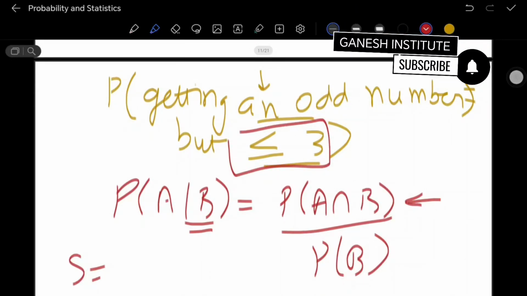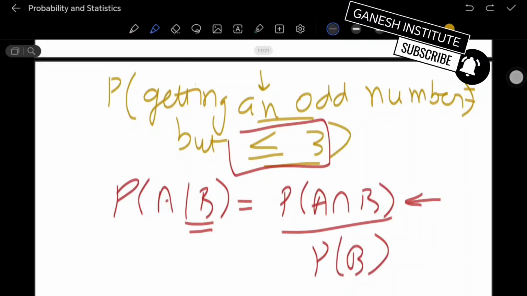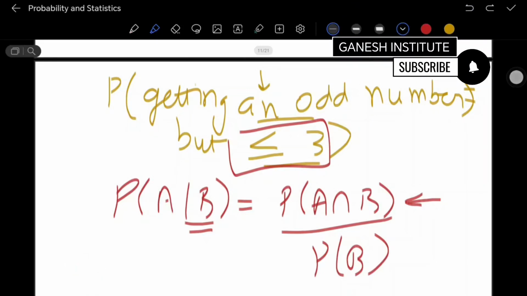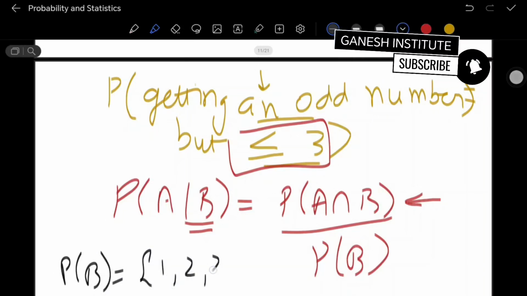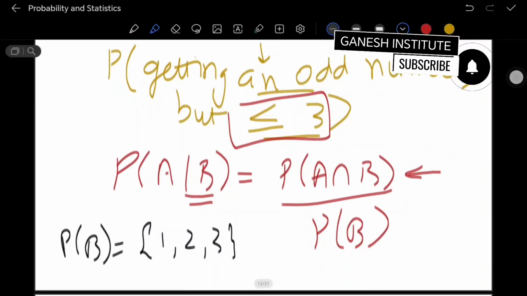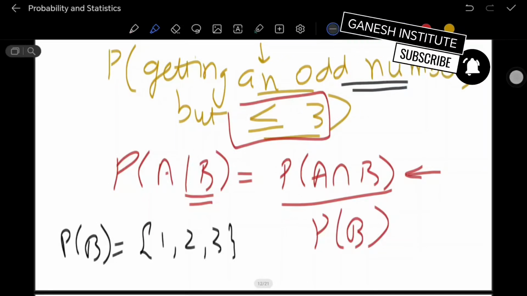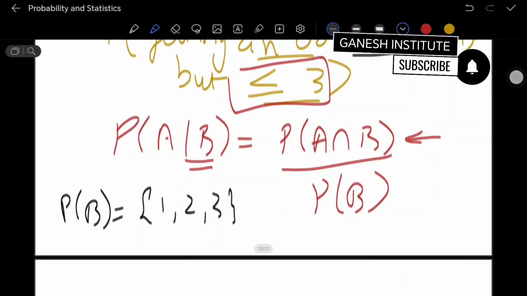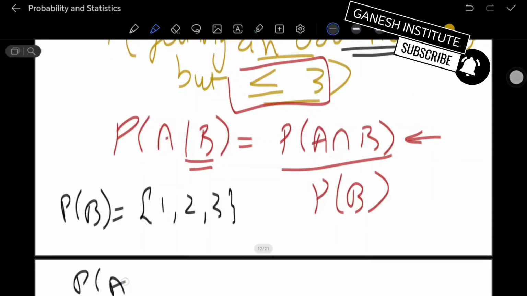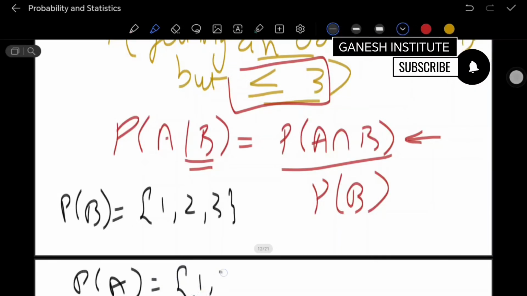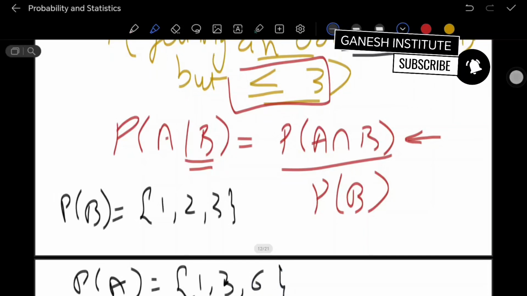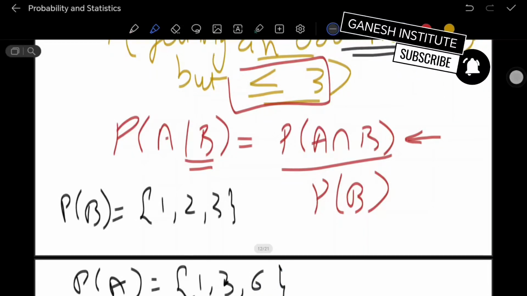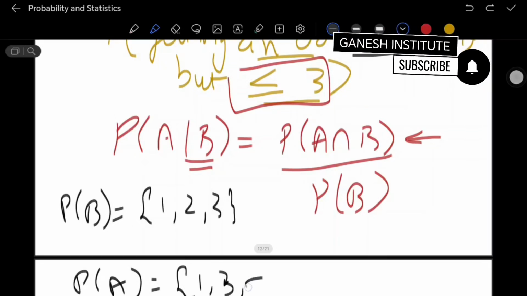So out of the sample space, this event becomes 1, 2, 3, right? And the first probability, the prior probability, is getting an odd number. The odd numbers are 1, 3, 5 out of these 6, correct?